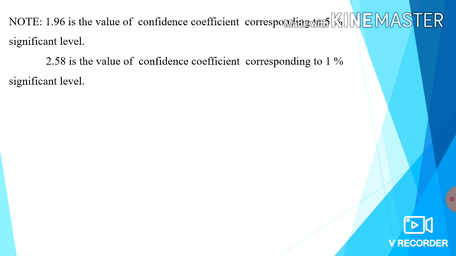Similarly, if it is more than 2.58, we reject at 1%; if it is less than 1.96, we have to accept the hypothesis at the 5% significance level. So only these two we have to remember.